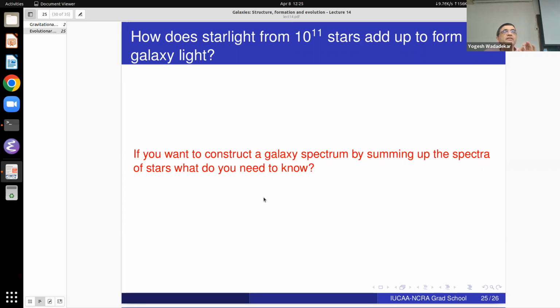So, to a first approximation, you can just add up the light from individual stars to get the total light of the galaxy. So the question is, how does starlight from 10^11 stars add up to form galaxy light? That is, if you want to construct a galaxy spectrum by summing up the spectra of the stars, what are the things that you need to know?